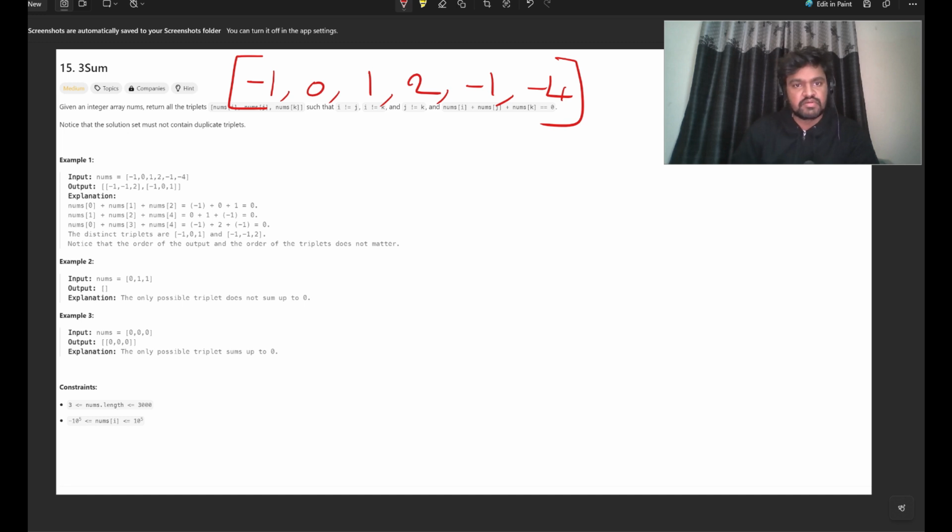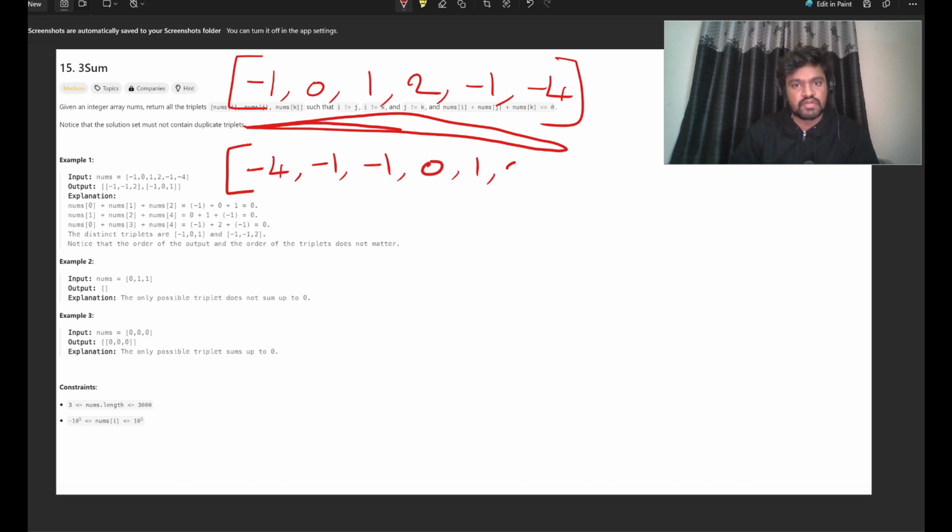This input, if you see, is not in order actually, it's shuffled. So let's have an ordered list: -4, -1, -1, 0, 1, 2. Okay, it is ordered now.